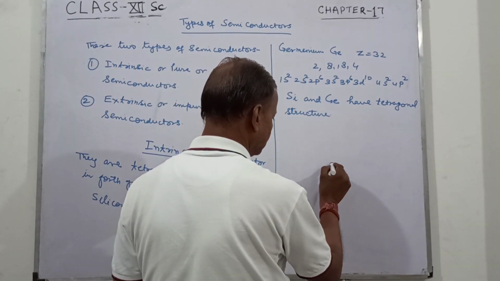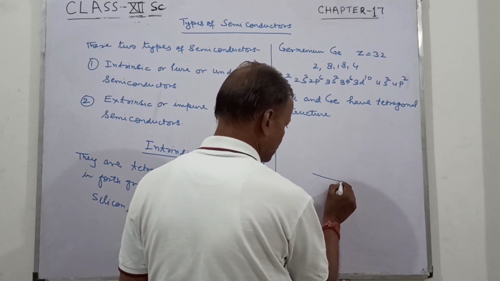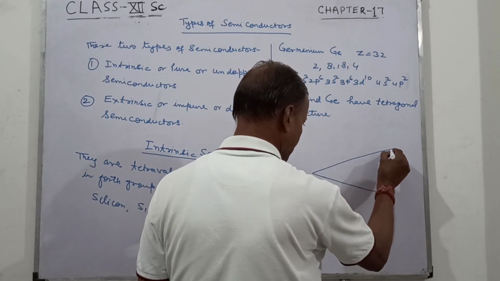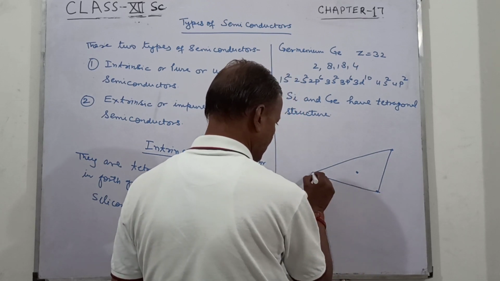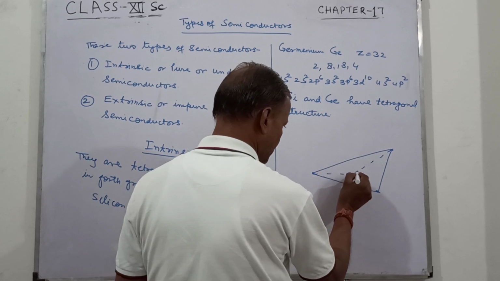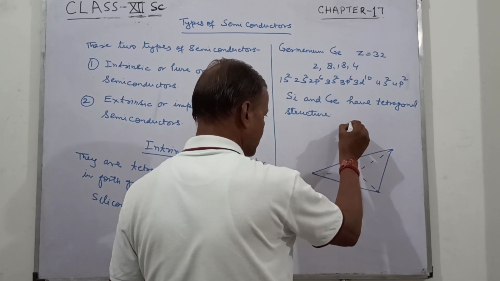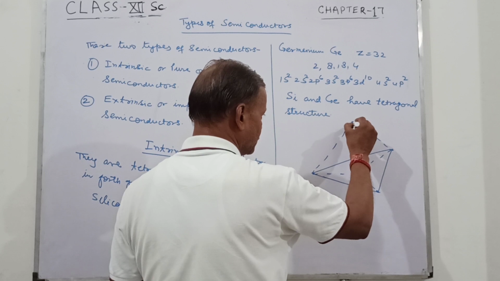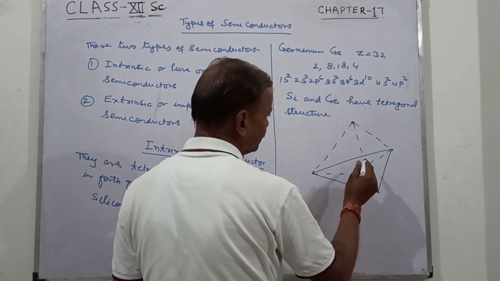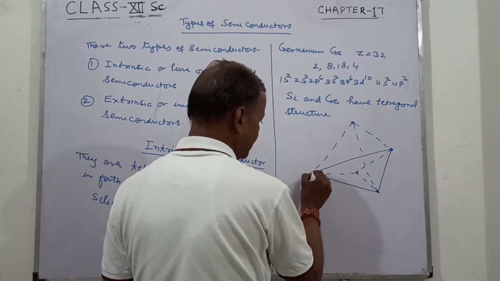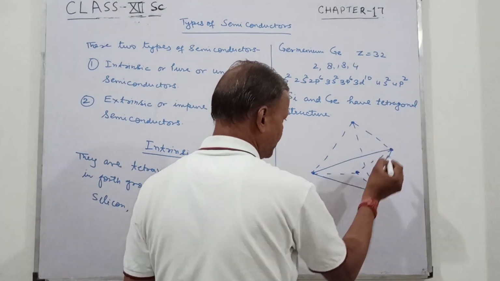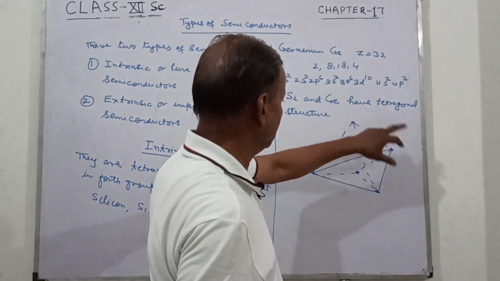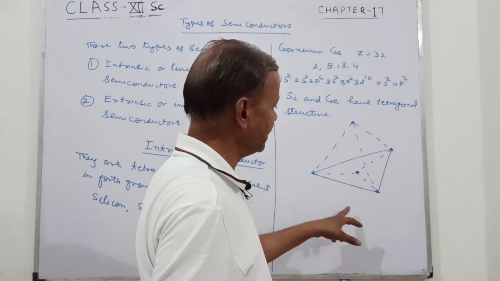So suppose these are the silicon atoms or the germanium atoms, and the germanium or silicon element is present at each corner of this triangle.